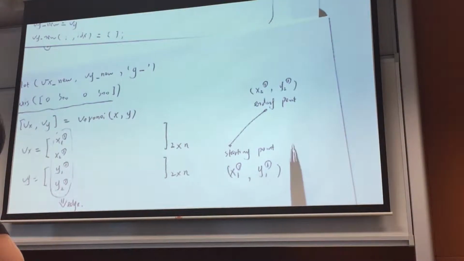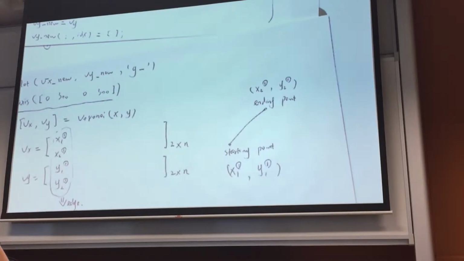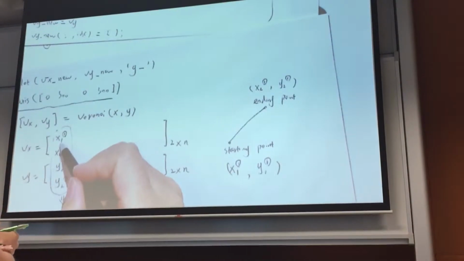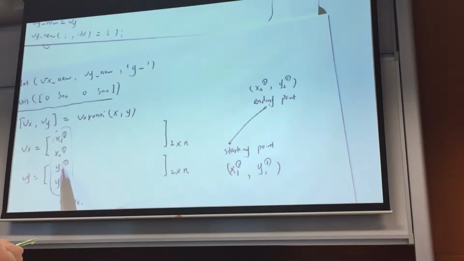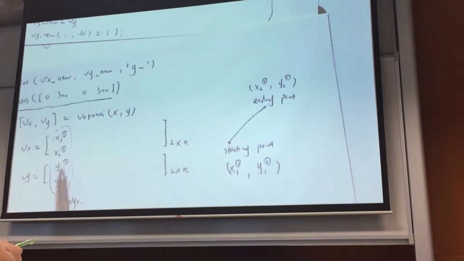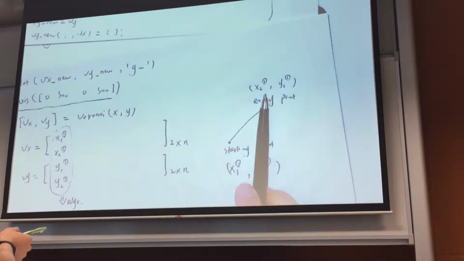So now you know the meaning of the index. The x means these are the x coordinates, and the y means the y coordinates. The sub-index 1 corresponds to the first point, and 2 corresponds to the second point.